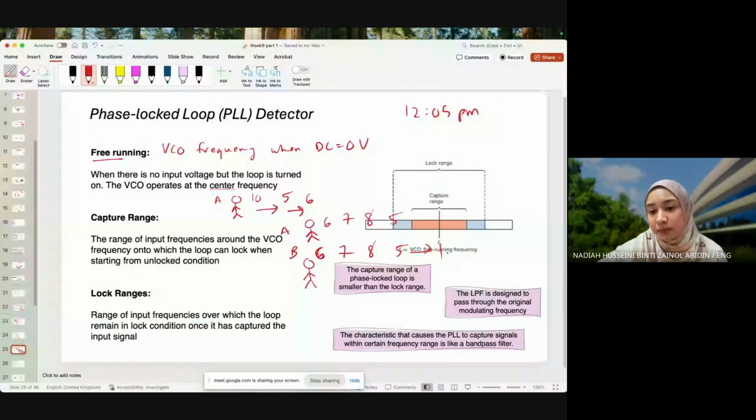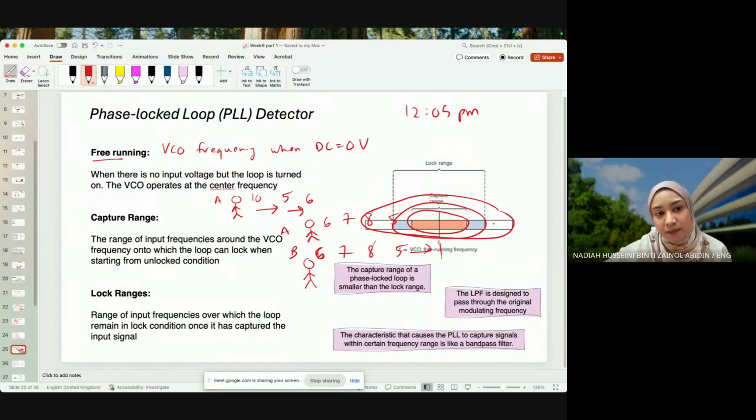So I will not be able to follow this until this guy goes back to a range that I can actually follow. So this is the range that I can catch up to this guy. This is the range that I can follow when I have caught up with the guy. This is the range that I am not able to follow because that guy is crazy. Okay, so that is an analogy if that works for you.